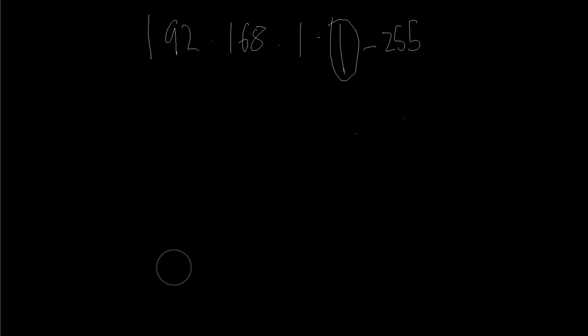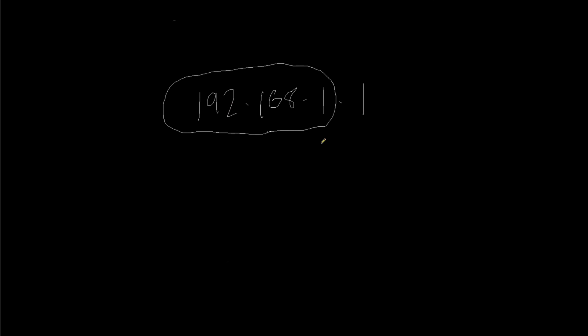So typically, a small network with 192.168.1.1, we'll use these three as the network part of the address, and then this one as the computer part. So that's for a computer, and that's for a network.